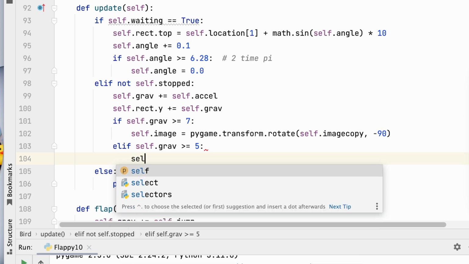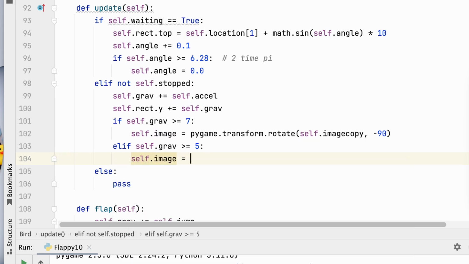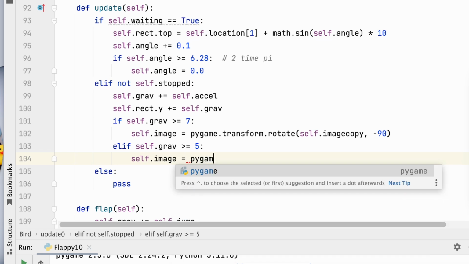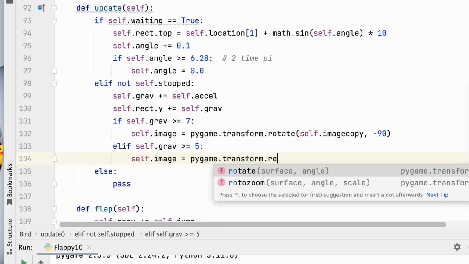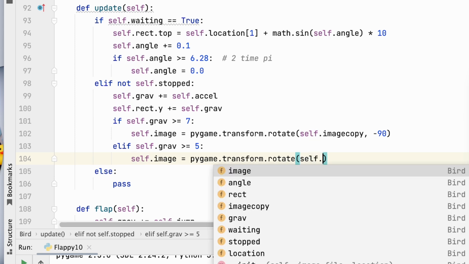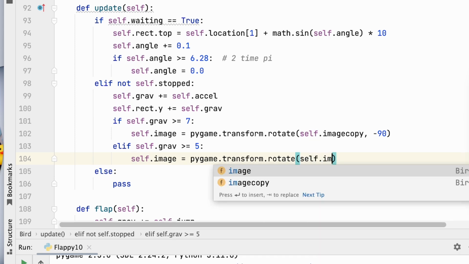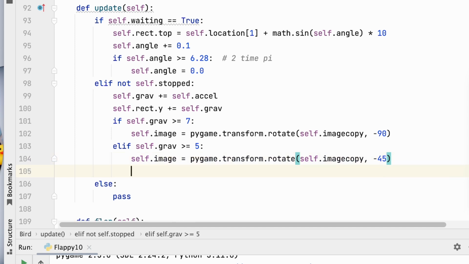So we're going to do self.image equals pygame.transform.rotate of self.image_copy, and we're going to say minus 45, just 45 degrees angled down.